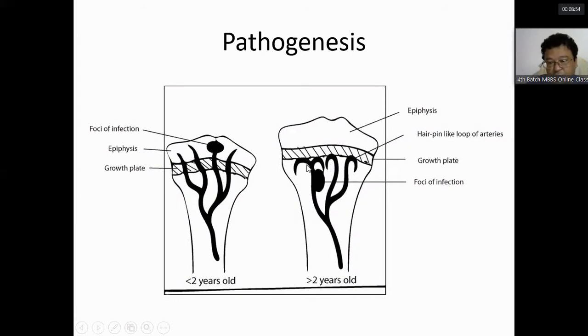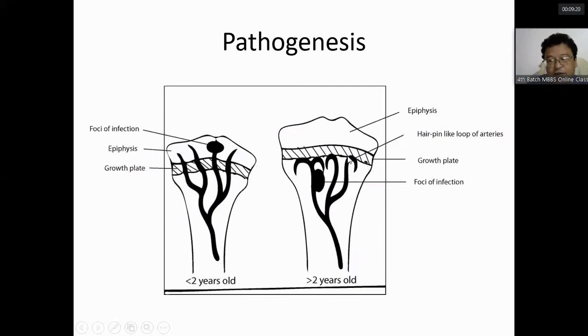In older children, it forms a very peculiar type of system here, which is known as the hairpin loop. If you look at this, it is bent, and this way it forms a loop. So this artery system forms a loop and goes to the venous sinusoid and then the venous system. The significance of this is that there is blood stasis in this area, in the metaphyseal area.